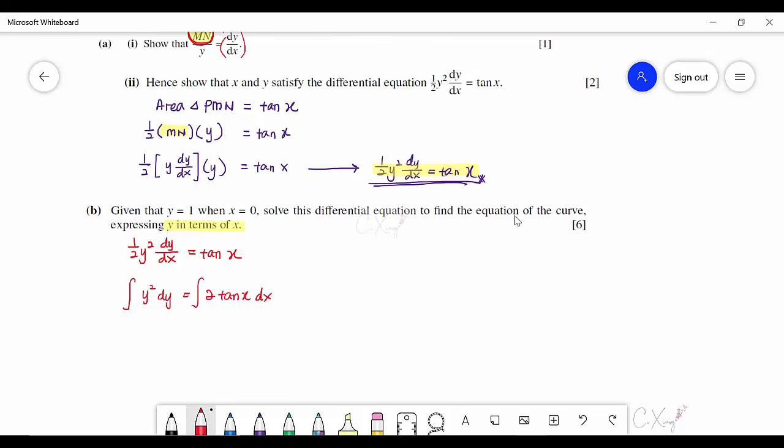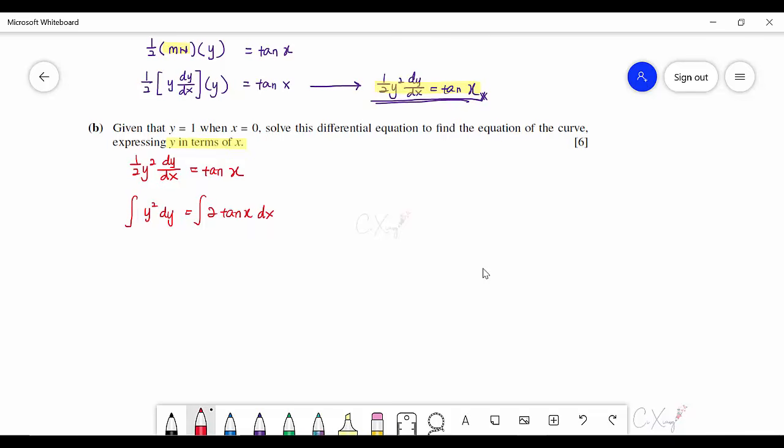Then I put the integration sign. You have to separate all the variable y and variable x to different sides first. Then only you can start with the integration. So to integrate y power 2, you'll get y power 3 divided by 3 equals to 2.